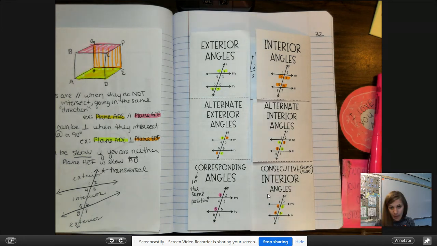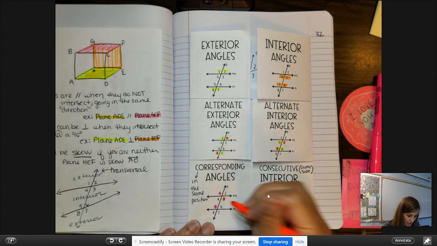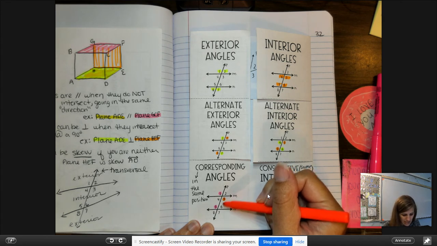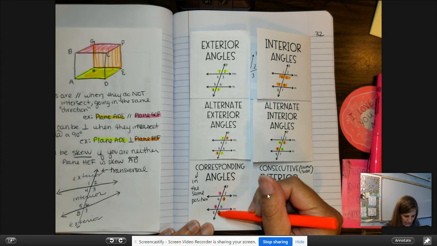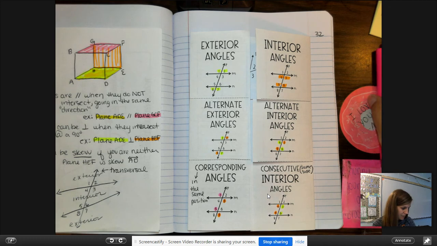Another corresponding angle pair could be something like if I pick 3, that is on the right side of the transversal and under the line. So down here, I need to be on the right side and under the line. So 3 and 7 would be another corresponding angle pair.